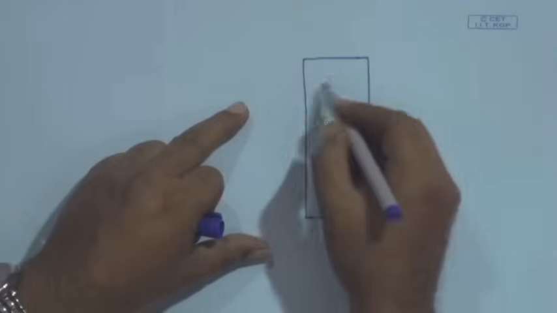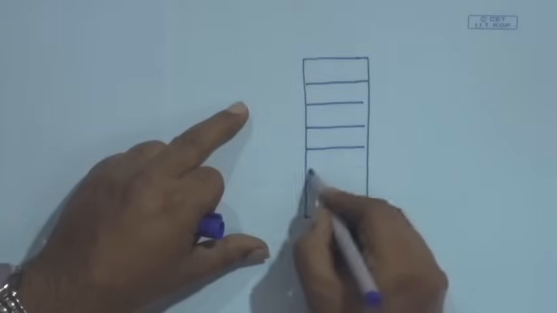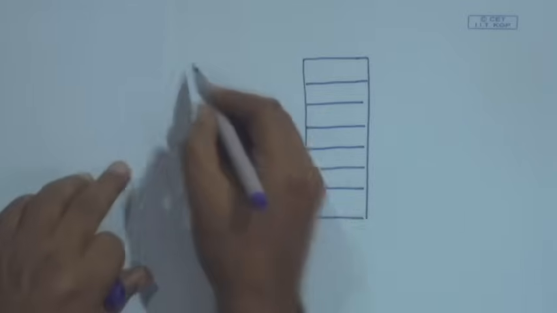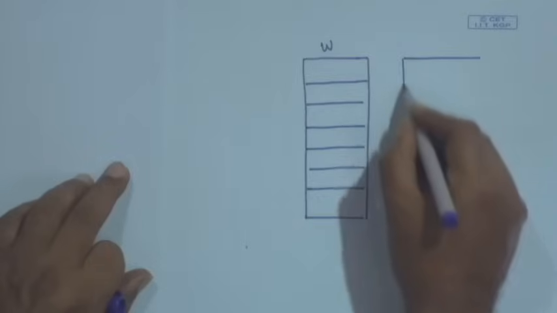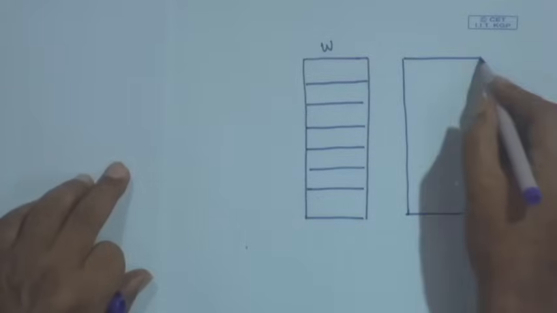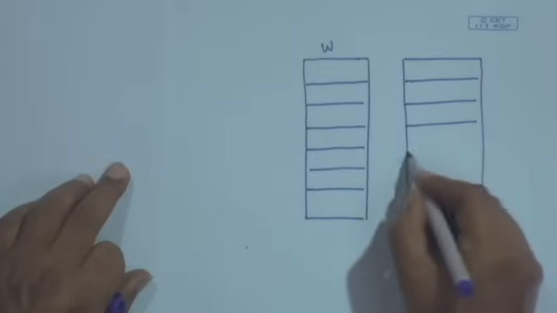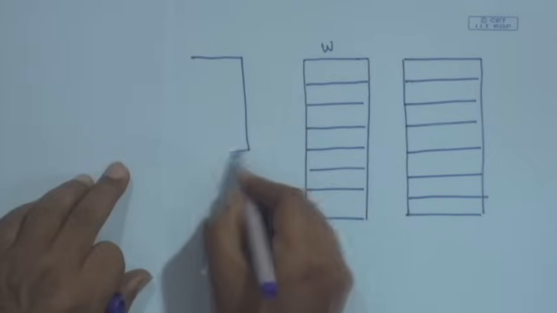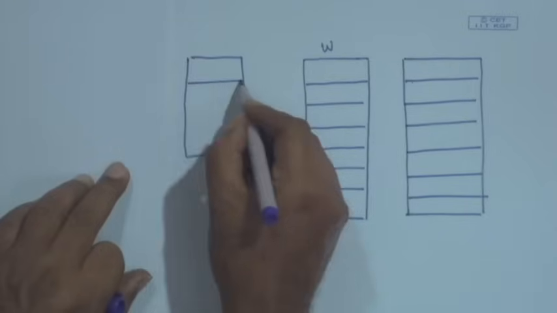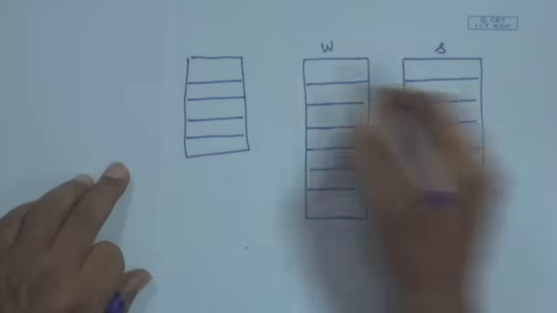So, I have an array, say W, and an array S. I am showing them of the same size, but another array may be of smaller size also. Suppose this is S, this is M.